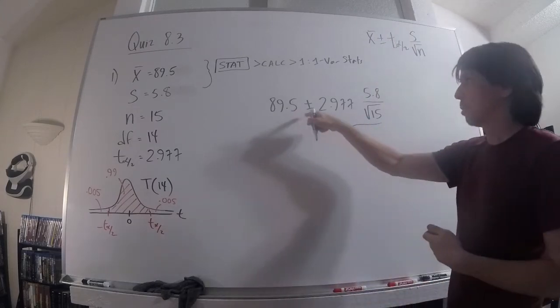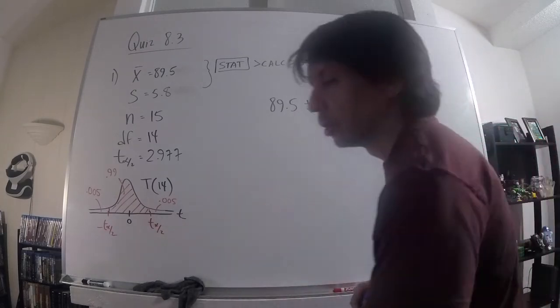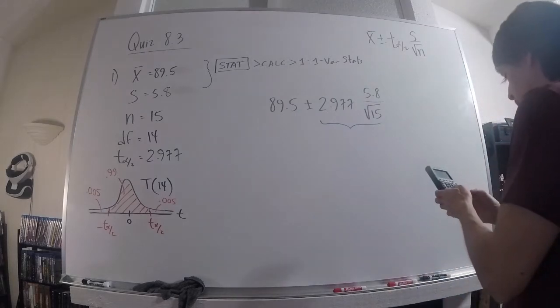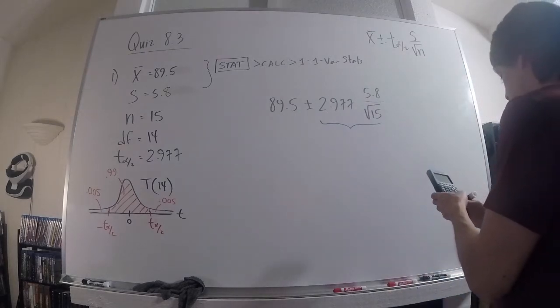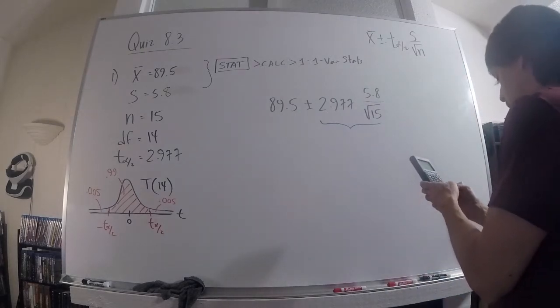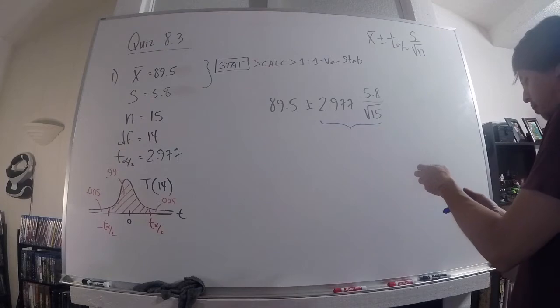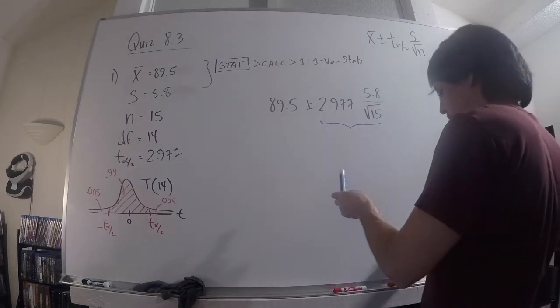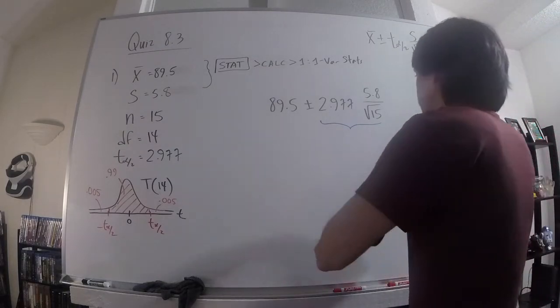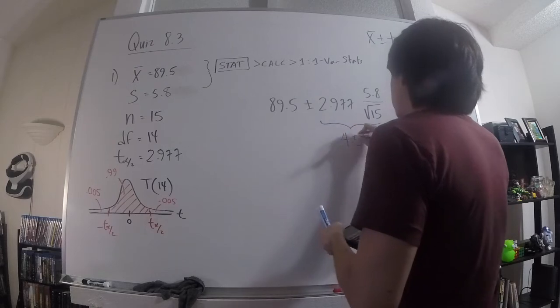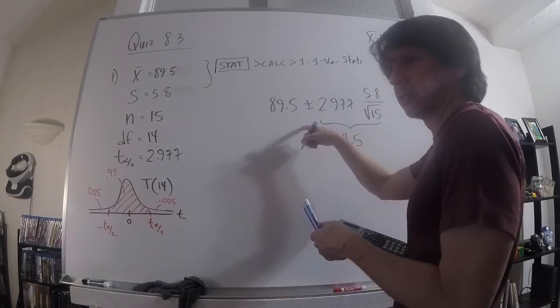It's the point estimate plus or minus the margin of error. So my margin of error is what I get when I do 2.977 times 5.8 divided by square root of 15. And I got 4.458, but I'll just go 4.5 to be consistent with that.